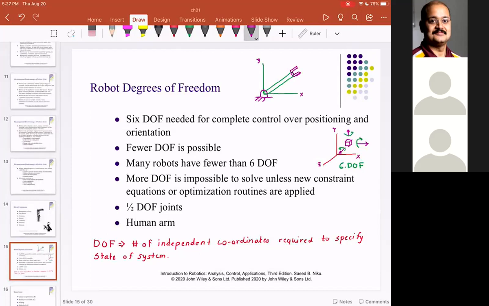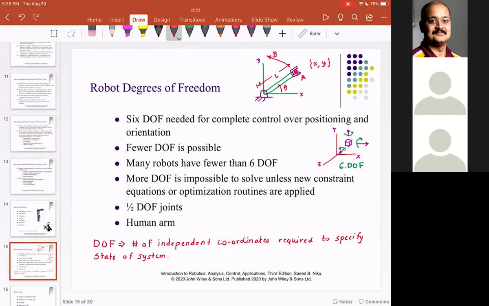What we want is to grab a ball from point A, so this is the ball, and move it to point B. If I want to track the trajectory of the CG of the ball, I need to know the X, Y location, or I need to know this angle theta and this length L. In other words, to specify this robot arm, I will need to specify X and Y, or theta and L. So this is a 2 degree of freedom robot.